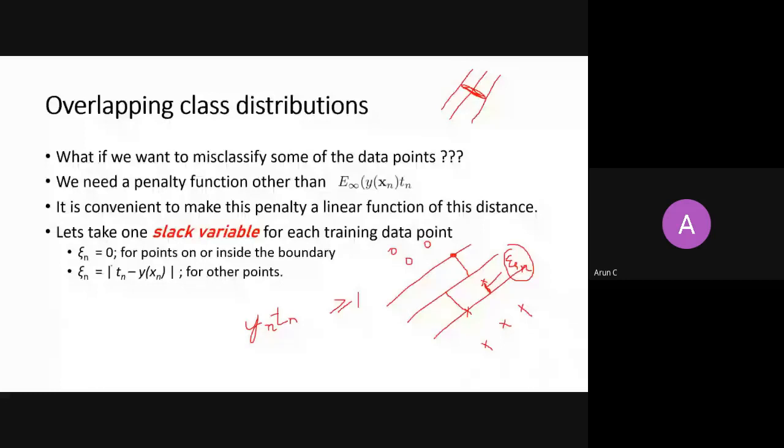So it is 0 for those points which are at the proper place, which don't fall into this region. So psi is 0 for these. But if it is falling into this margin region, then it is non-zero.